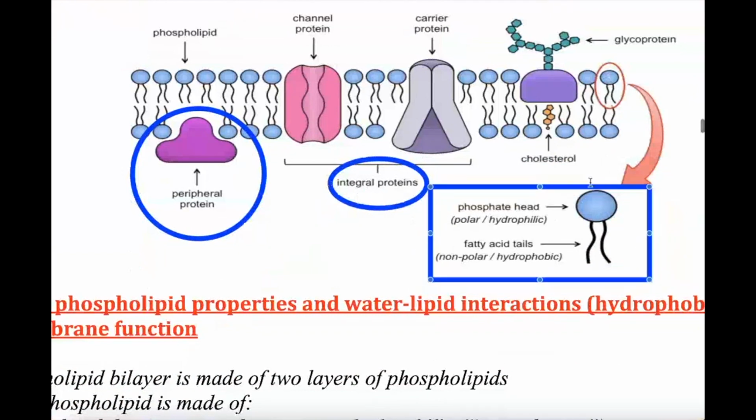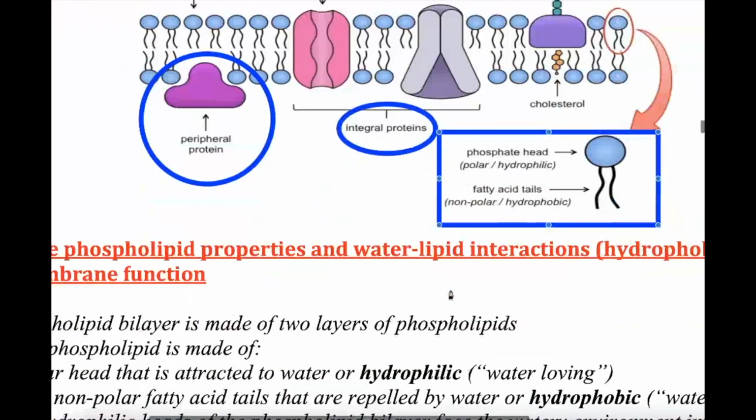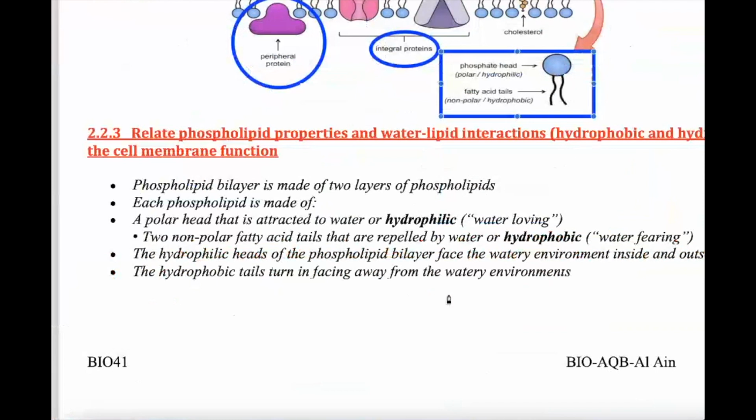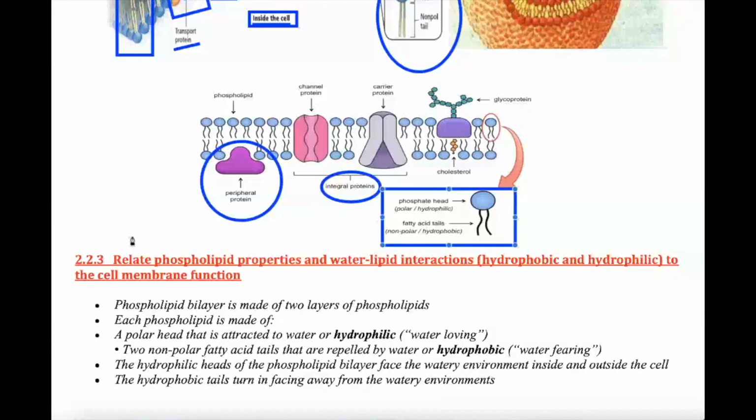We discussed it already. Now we have here to relate the phospholipid properties and water-lipid interactions, like the hydrophobic and hydrophilic interactions, to the cell membrane.